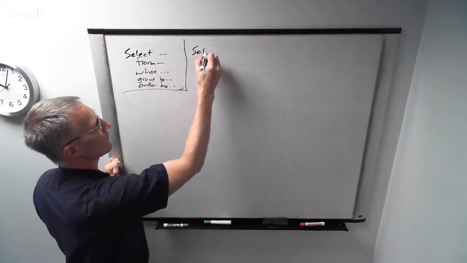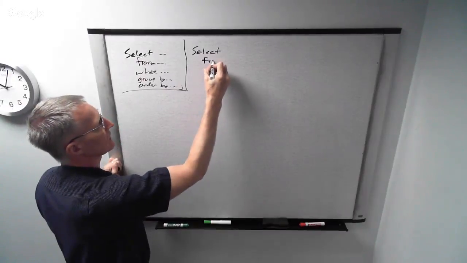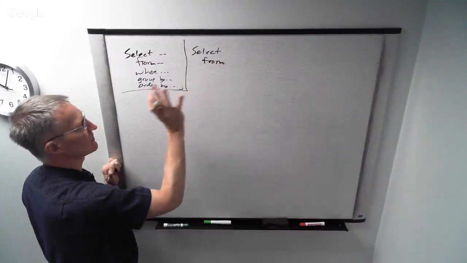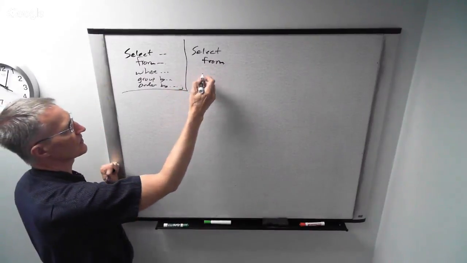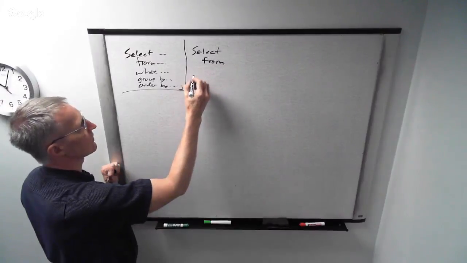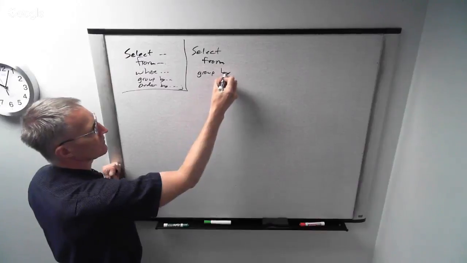So if we focus on the group by, we can just say from one table, just to keep things simple for right now, so we don't weave the joins into here. Select something from whatever, group by. Okay.